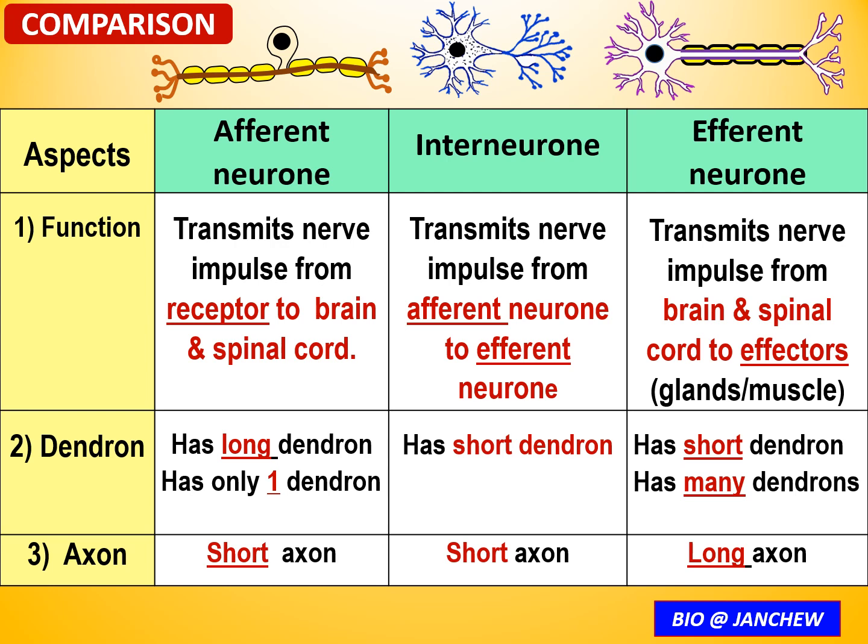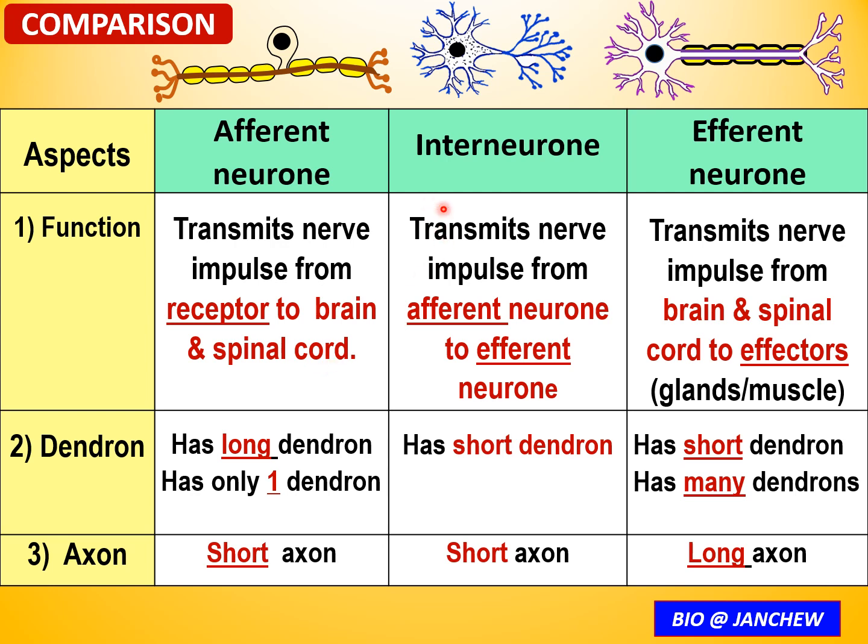Let's compare the 3 neurons now, and this type of question may come out for the SPM or for your exams. It's a popular question for structured and essay questions. Okay, from the aspect of function, the afferent neuron transmits nerve impulses from receptor to the brain and spinal cord, or to the central nervous system.